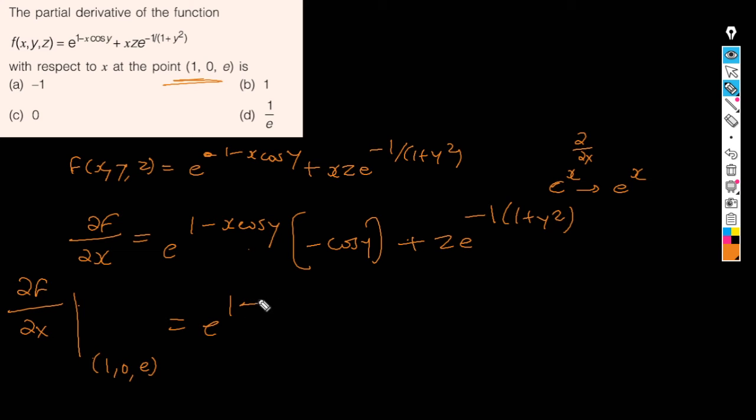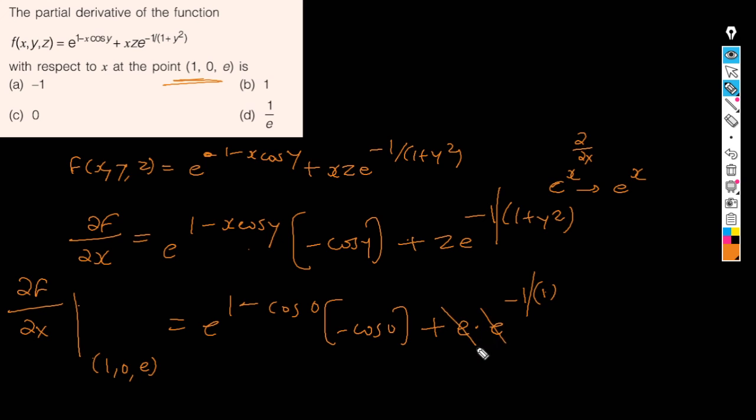We get e to the power 1 minus x, x is 1, cos 0, minus cos 0, plus z is e into e to the power minus 1 upon 1 plus y square. y is 0, so 1 upon 1, so e to the power minus 1 here.